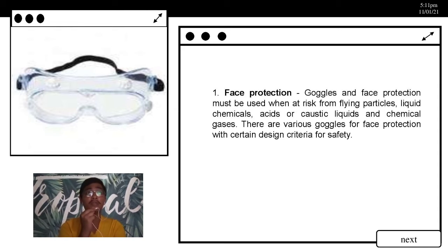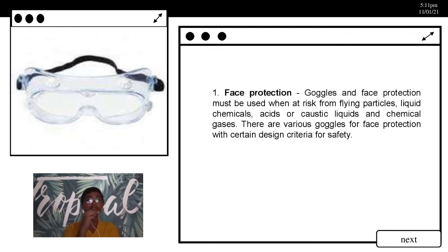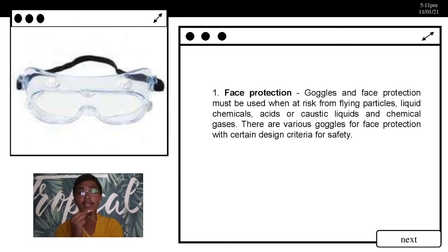Face shields are required when splashes from chemicals that can cause immediate skin damage are handled, for example when you are working with concentrated acids, dispensing liquid nitrogen, or sonicating tissue samples, etc. These face shields protect the whole face, not just the eyes. As you have heard, it is required for us to avoid immediate or direct skin damage from chemicals.